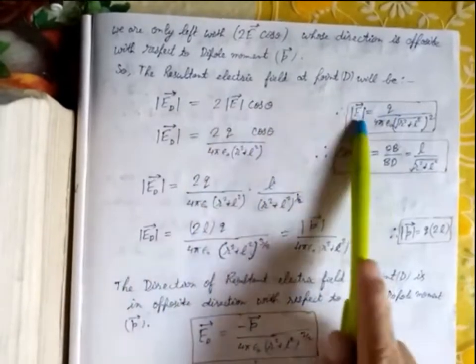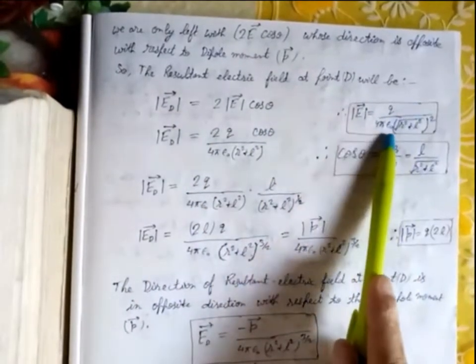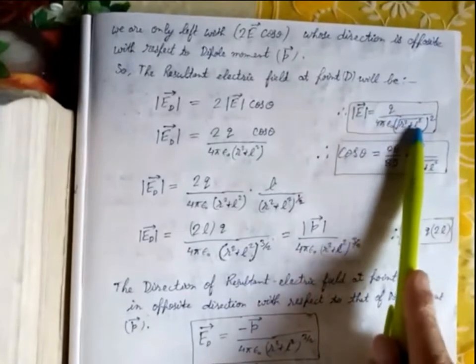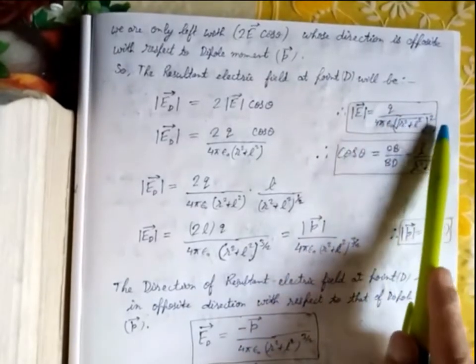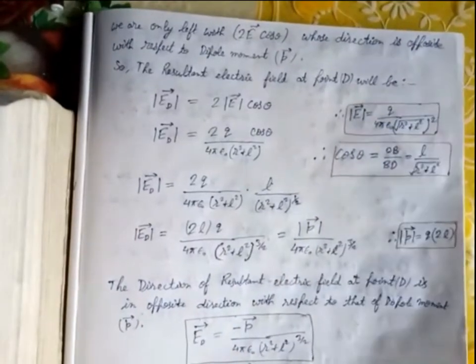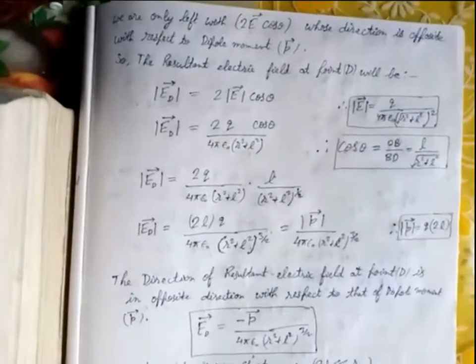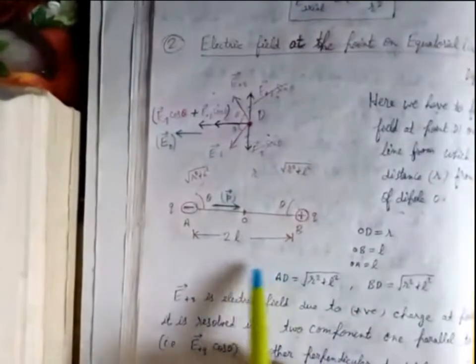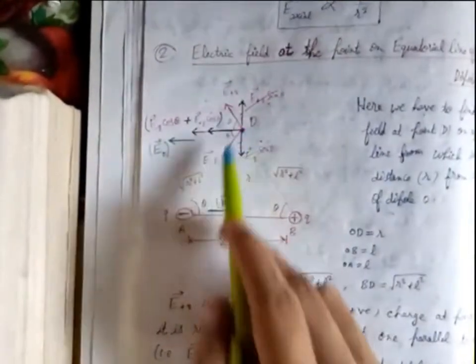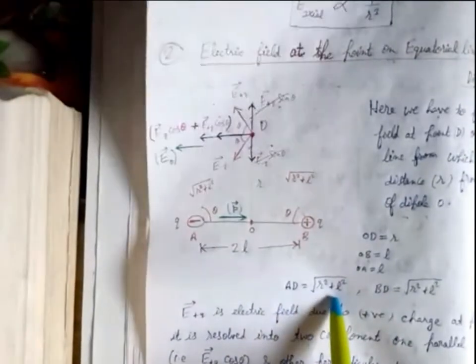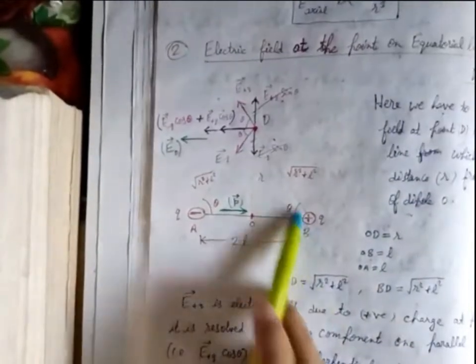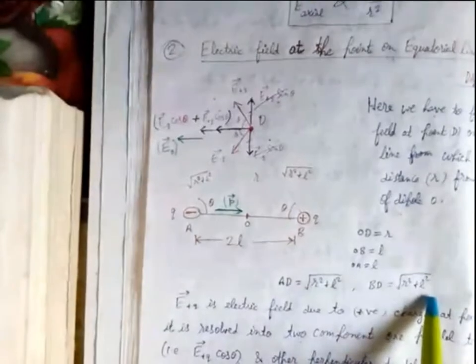The electric field E will be Q by 4 pi epsilon naught (R square plus L square under root) whole square. We are getting this because we know that at point D the distance AD is the square root of R square plus L square. In the same way, the distance BD is also the square root of R square plus L square.